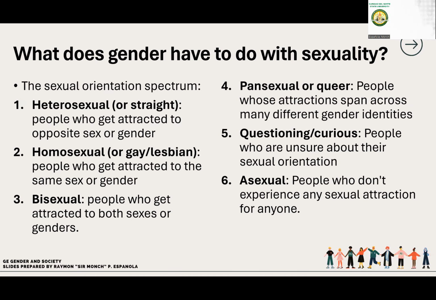People who are asexual, who don't get aroused, who don't develop attraction, who don't have crushes. Maybe they focus on their studies and some of them don't even get married because they don't feel the need and they don't experience such an urge to form sexual relationships.